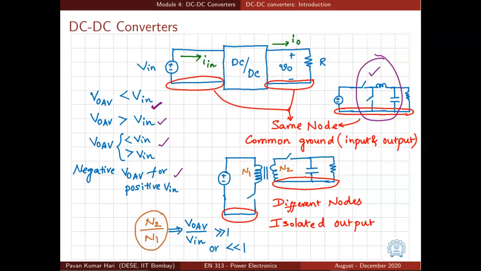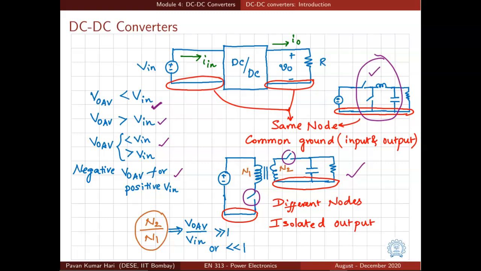Whereas DC-DC converters like this are called isolated DC-DC converters, where the output and input can have different grounds, and this is achieved by inserting a transformer within the converter. So you have a switch, you have another switch on the secondary side of the transformer, and there is a capacitor.